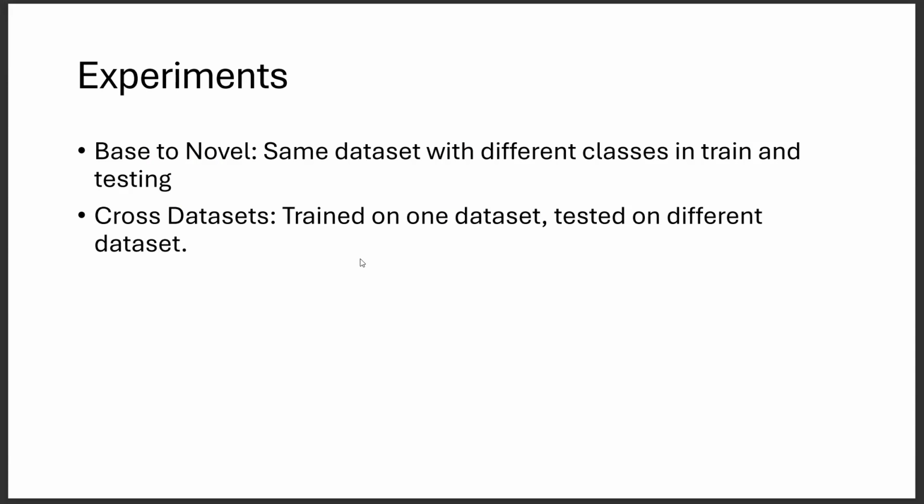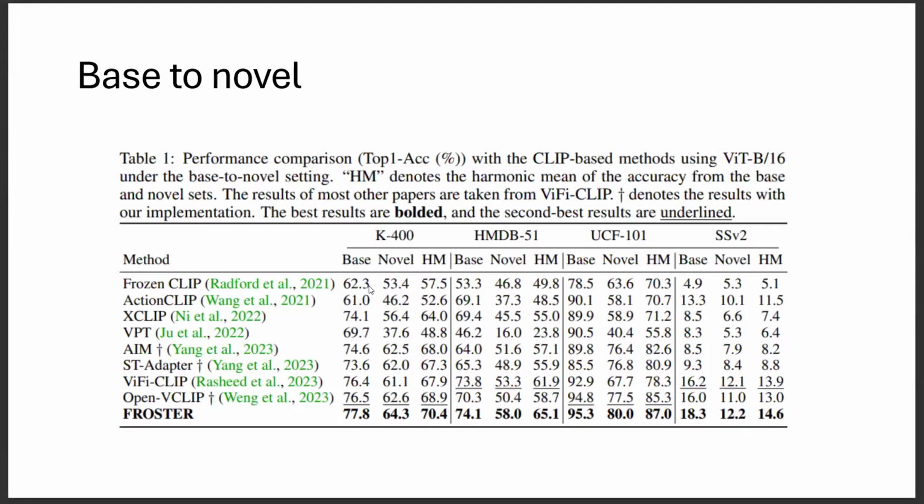Cross dataset means they trained the model on one particular dataset and tested it on different datasets. These are the experiment results. In base-to-novel training and testing, they show their model outperforms all the existing models here, pretty much in all datasets.